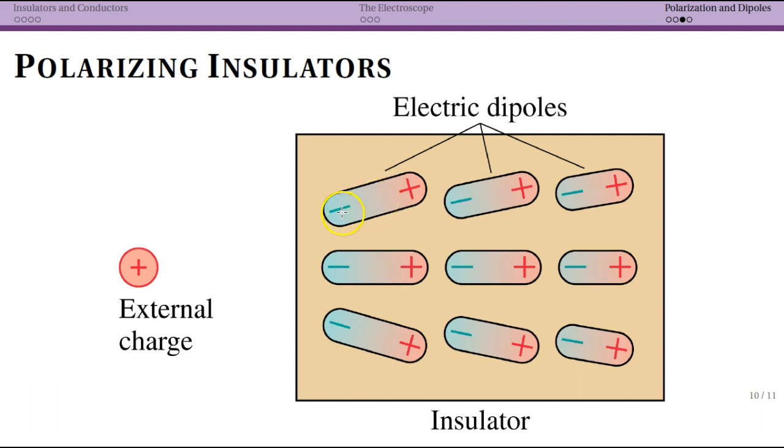One, you can have different axes of alignment, but in each case, this line points back to your external charge. Second, the polarization is greater for the atoms or molecules that are closer to the external charge than the ones that are far away. But note that you're still going to have a net negative surface here and a net positive surface here farther away.